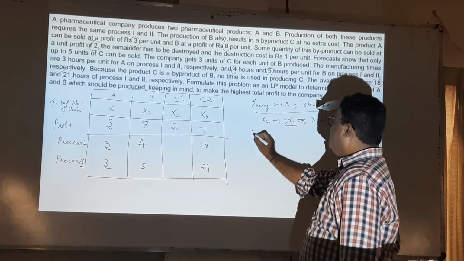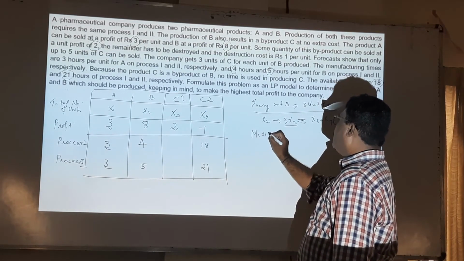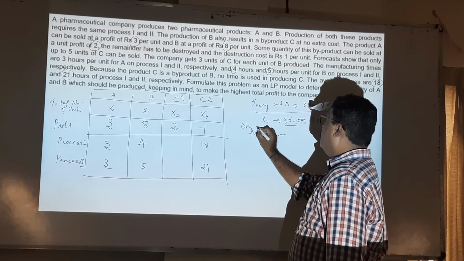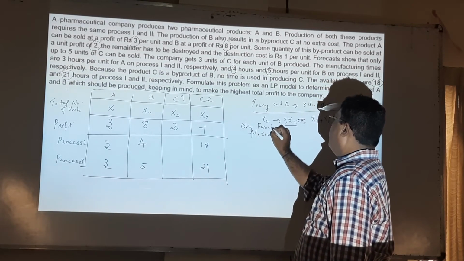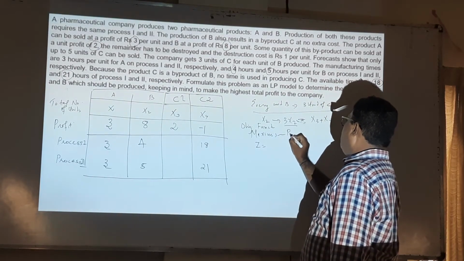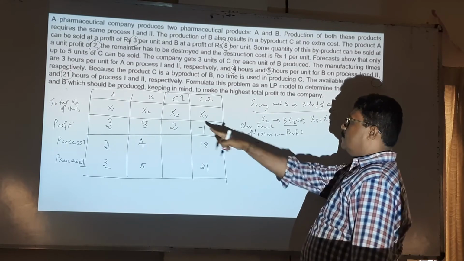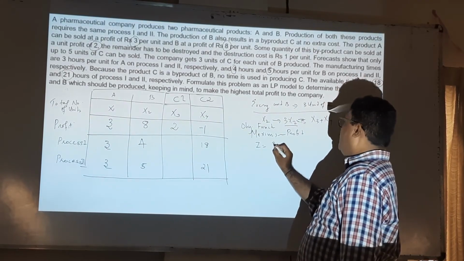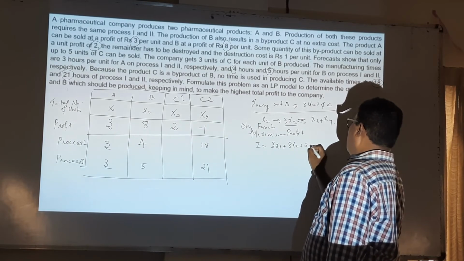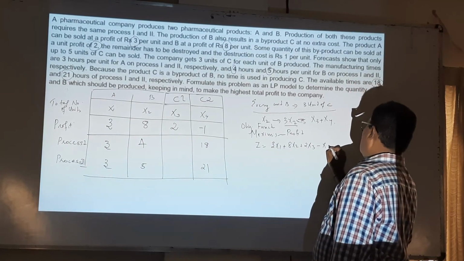Next is the maximization problem. This is the objective function. Maximize Z, which is profit, Z is equal to 3x1 plus 8x2 plus 2x3 minus x4.